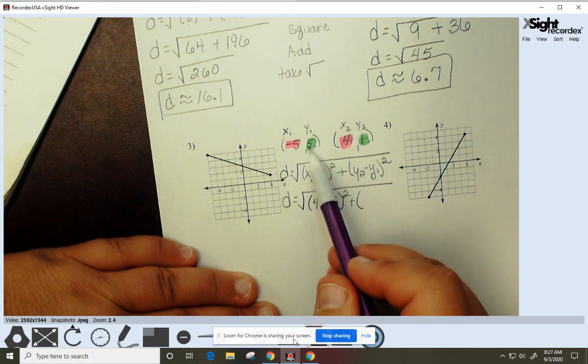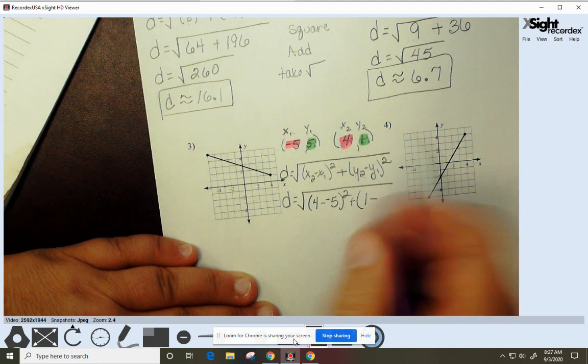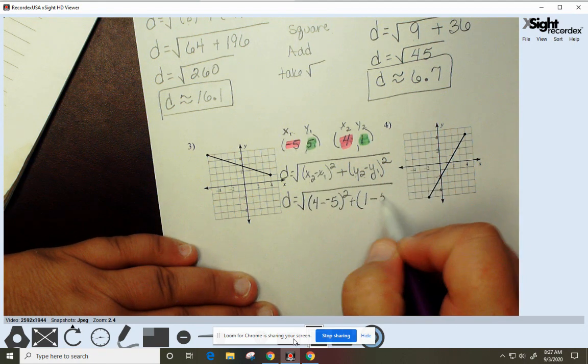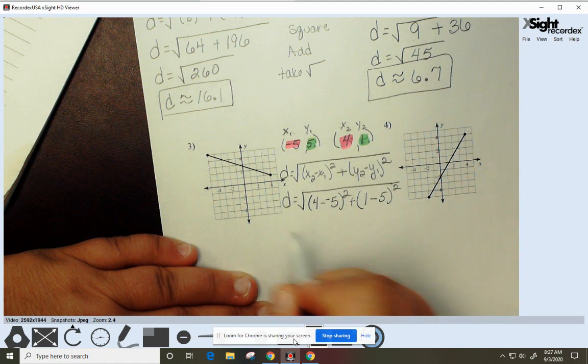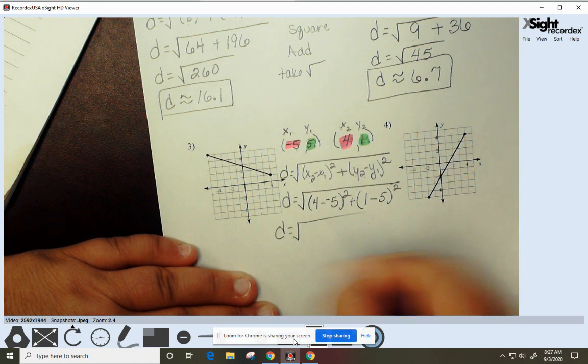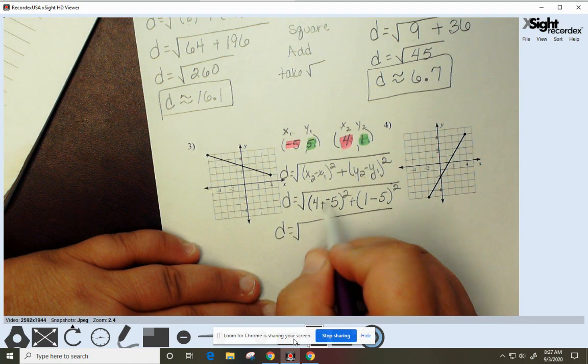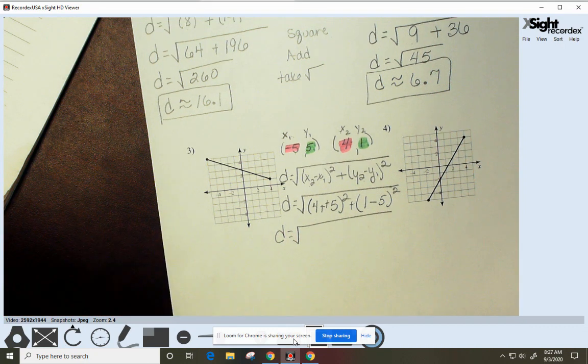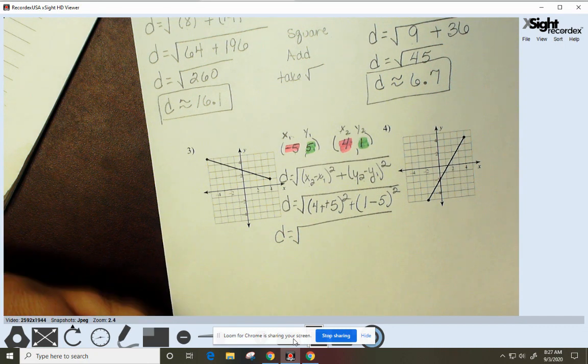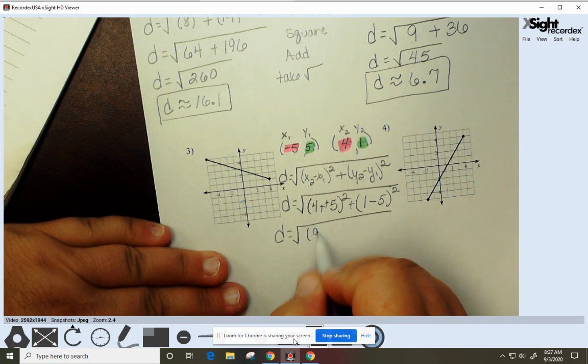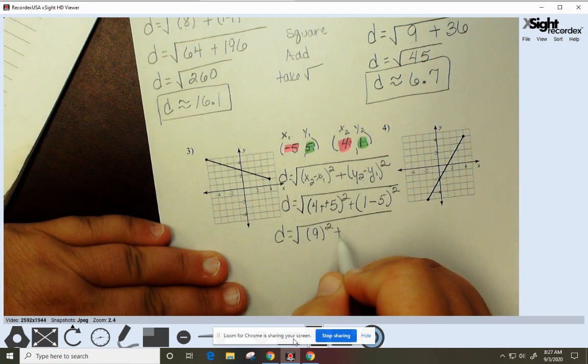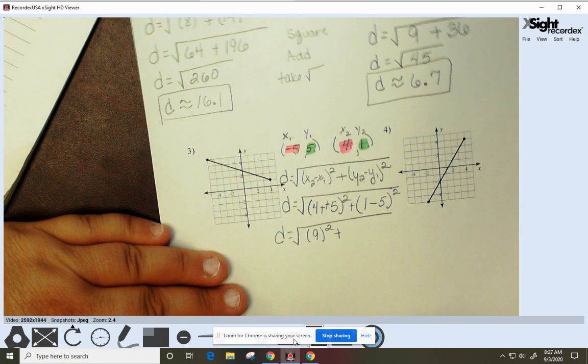I want to replace that minus a Y1, which is 5. And I want to square that. So this is going to subtract off a negative. That's a negative times a negative turns to a positive. So this becomes 4 plus 5, which is 9 squared.